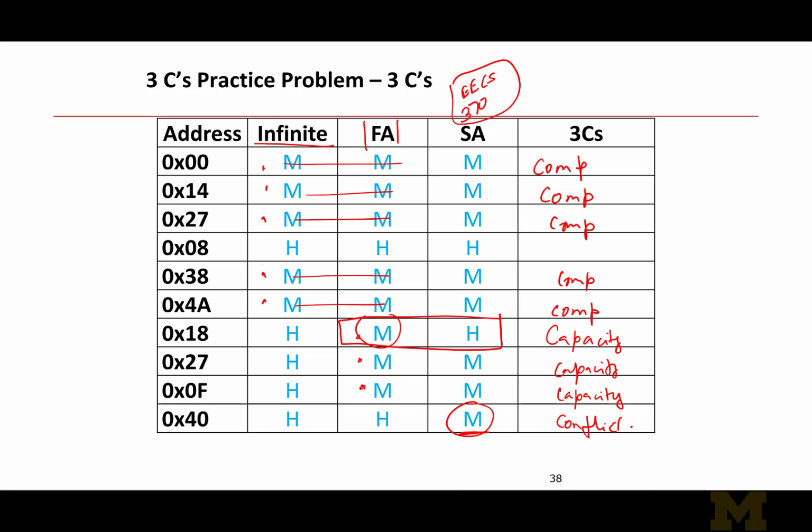Now this strange phenomenon happens once in a while, illustrating the fact that a set associative cache can actually have lower cache misses than a fully associative cache. Now the reason for this dynamic is because of the replacement policy not being perfect, right?